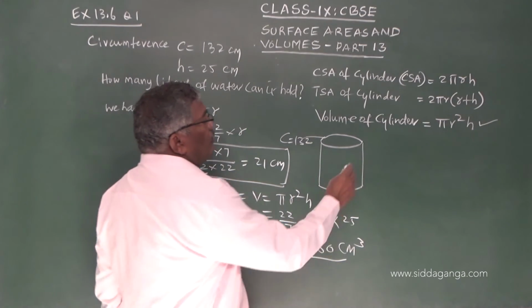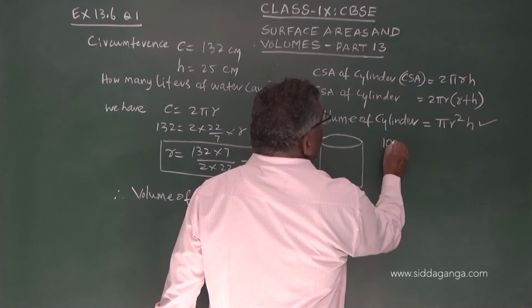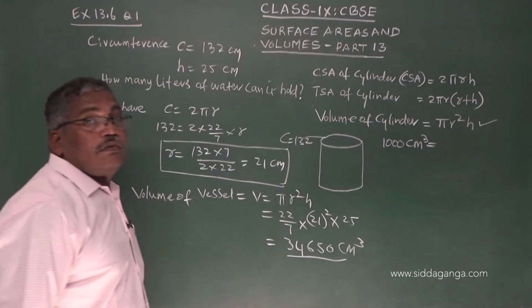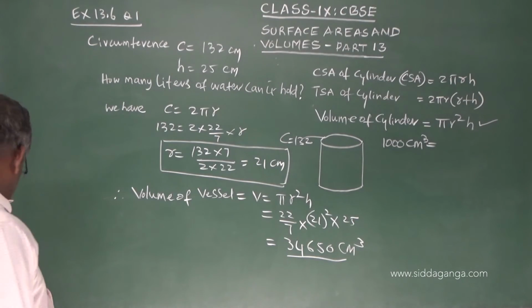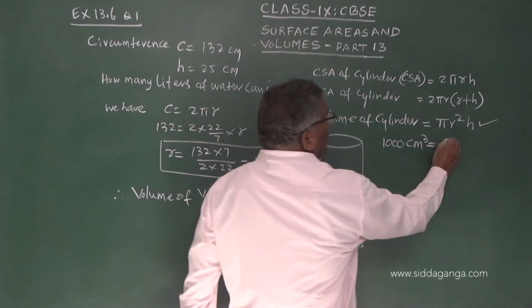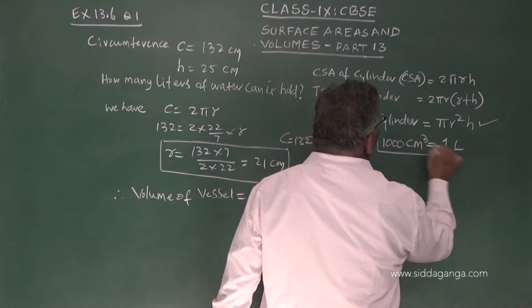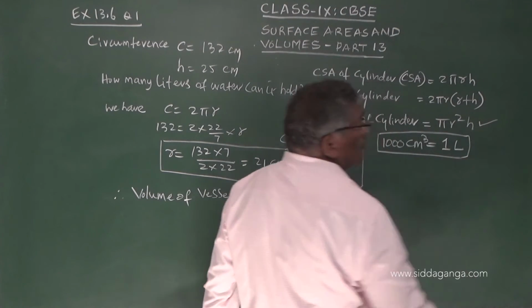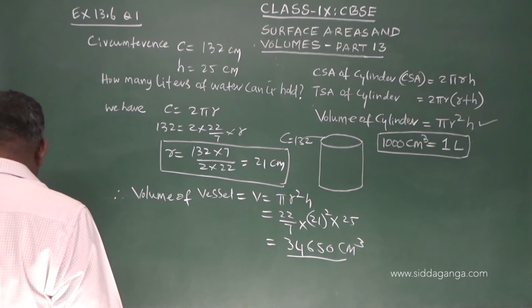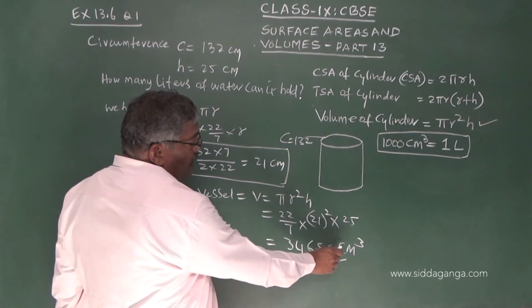See, we have 1000 centimeter cube equals, you remember this, 1000 centimeter cube equals 1 liter of water. So it is in centimeter cube.